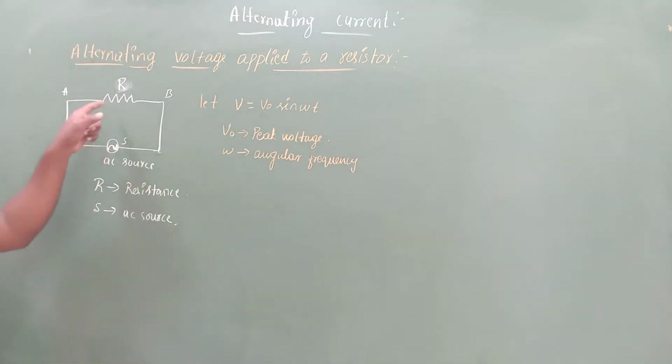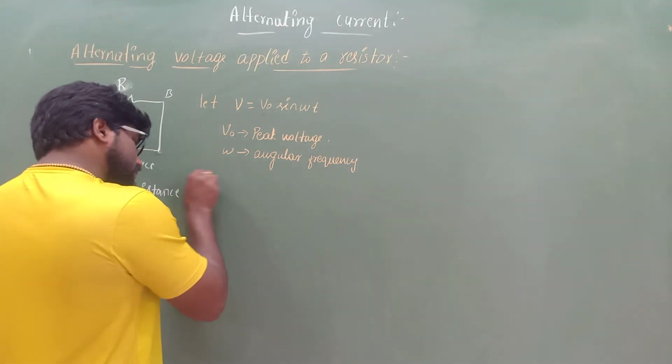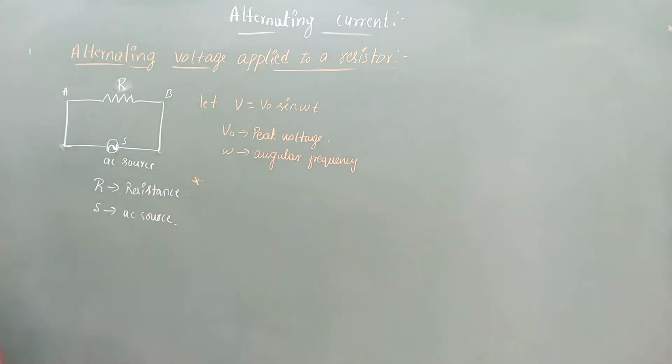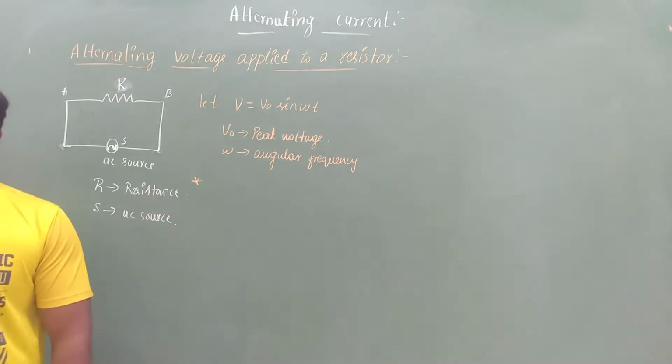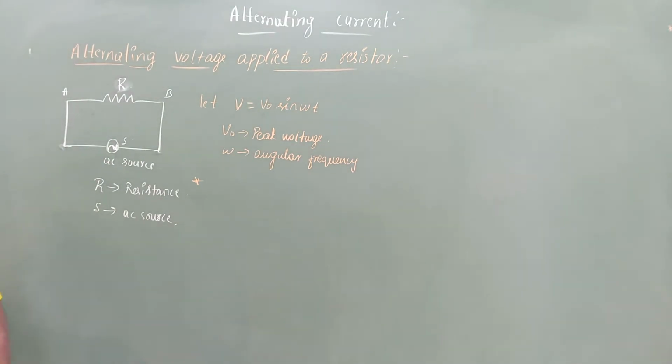Now we have connected the resistance across these two terminals. We have a famous law that I hope you already studied in the chapter on current electricity, that is Ohm's law. Ohm's law states that current is proportional to voltage.